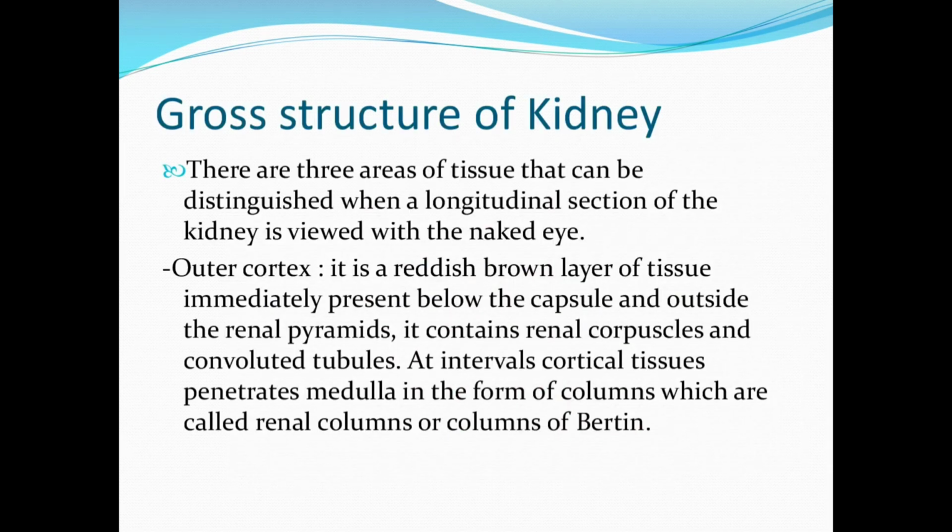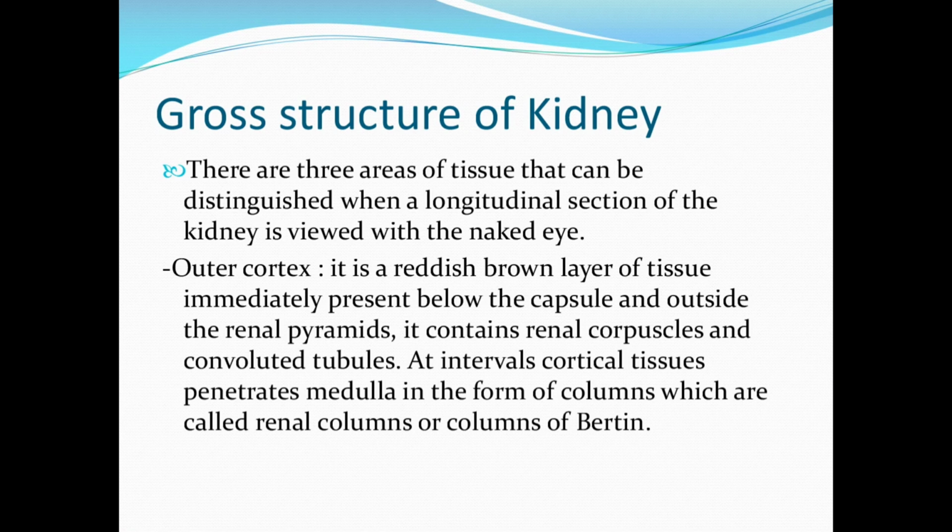So, in the gross structure of the kidney, we can visualize three sections: the outer cortex, inner medulla, and renal sinus at the hilum. So the outer cortex, how it appears. It is a reddish brown layer of tissue immediately below the fibrous capsule, outside the renal pyramids, that is, outside the medulla.